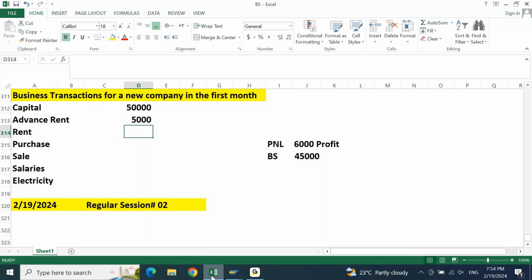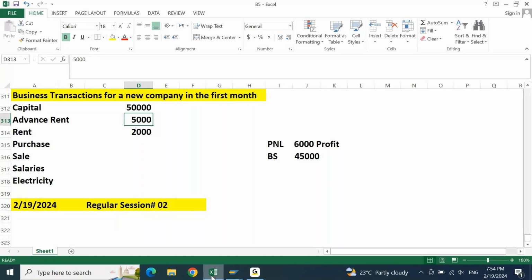Assuming that after paying the advance rent of 5,000, for the first month I may be paying a rent of, let's say, 2,000 rupees, and now I have some purchases. Now immediately, the moment I have 50,000 in my hand, before starting the business, I need to take one shop or one office for rent, for which I have given 5,000 advance payment to the landlord.